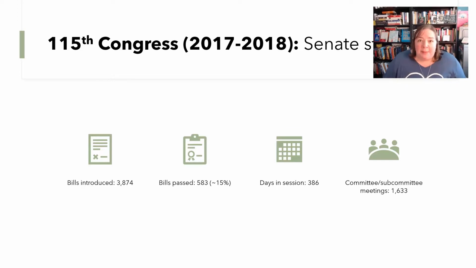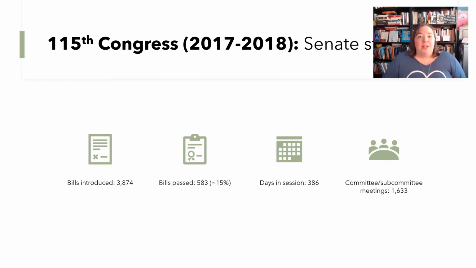Getting rid of the filibuster would mean that there are even fewer incentives for that in the Senate, and that would mean that, yeah, they could get a lot more done, but it would be completely ignoring any of the minority voices in that chamber, regardless of who's in power.